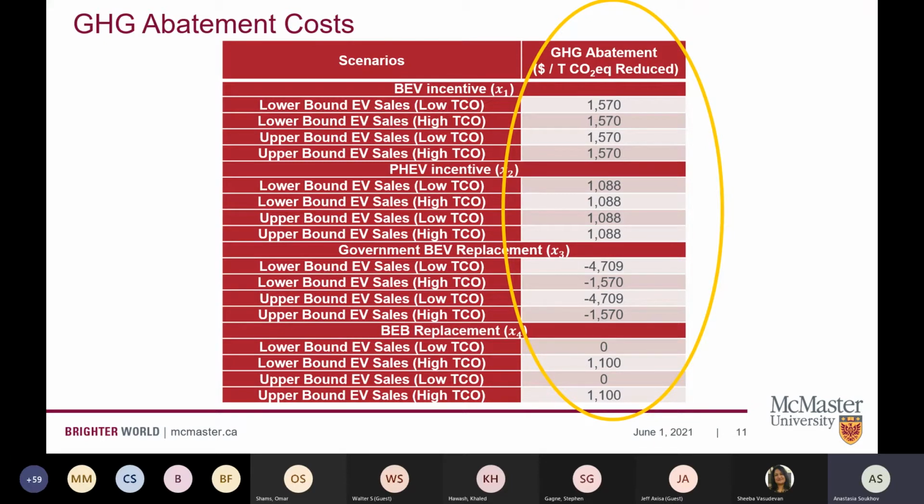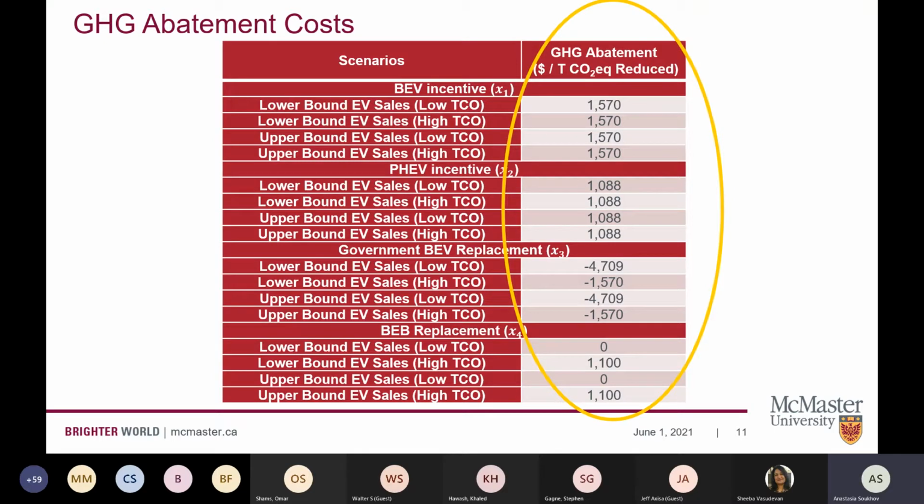So in Ontario's case, from the model I estimated, if you average both incentives, the incentives have a greenhouse gas abatement cost of around $1,200 per ton of CO2. That means if the province spends $1,200, it will reduce only 1 ton of CO2.